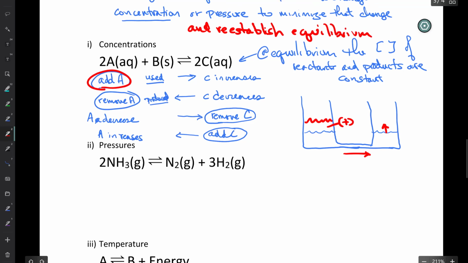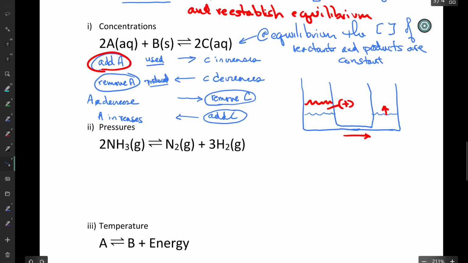So for this system that I drew down here with the water, that's this guy here, right? This represents the change and the challenge to the system. The system then produces more product until the levels of the two sides are the same. Right? It reaches a new equilibrium point.